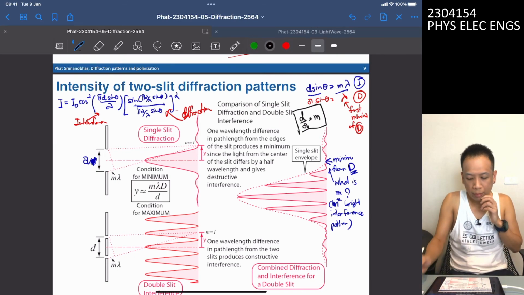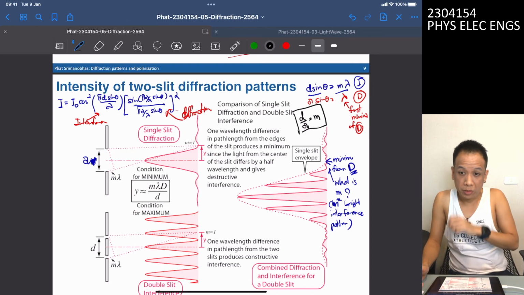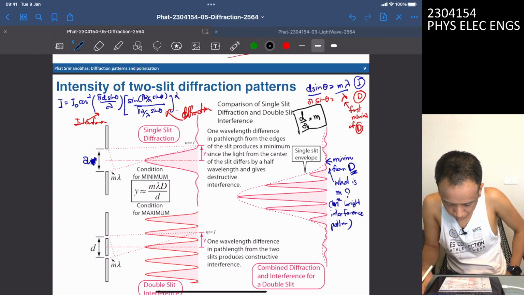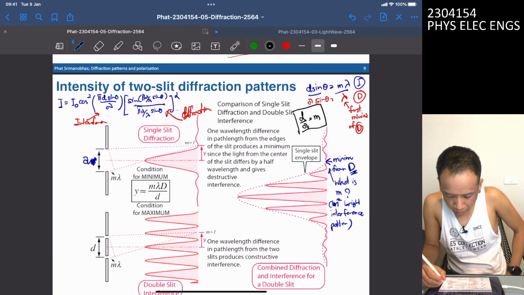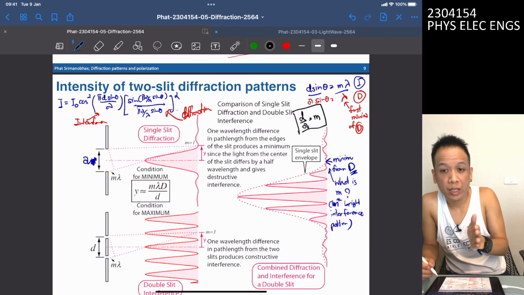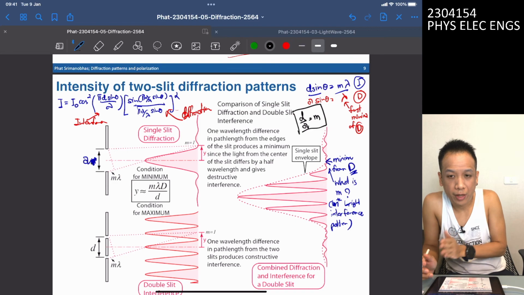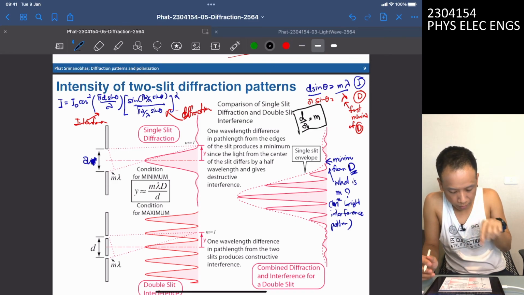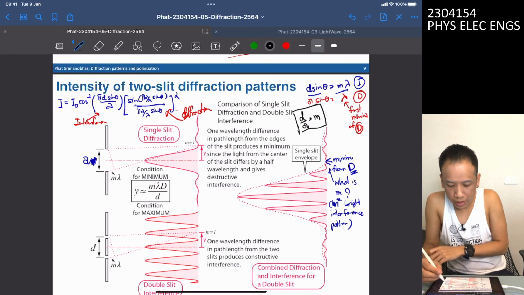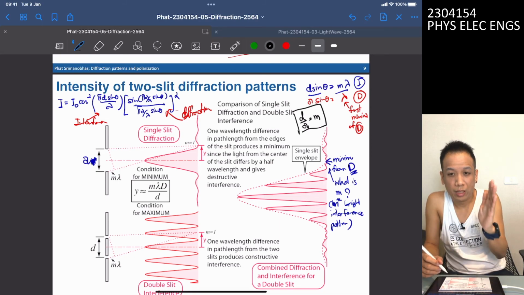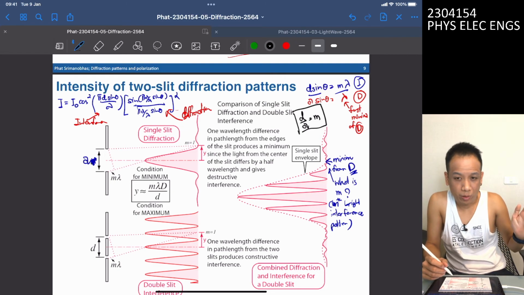Okay, so it means how many interference fringes are going to happen. It's going to happen m times, right, on the left, and then m times on the right.